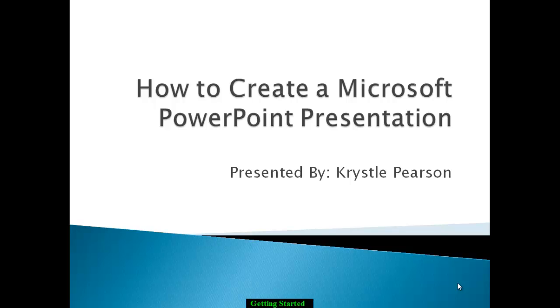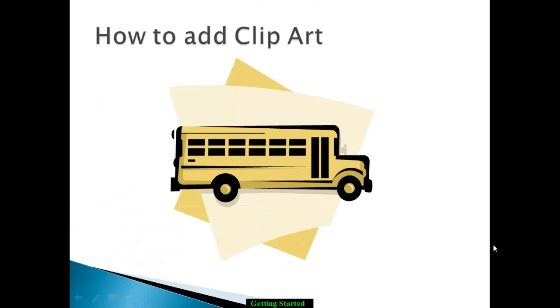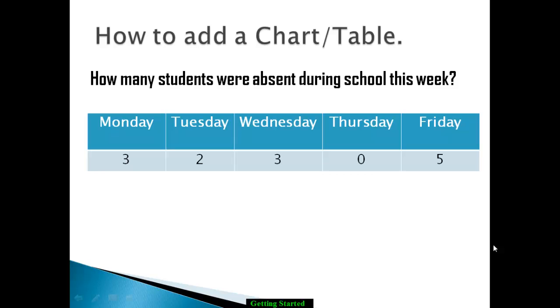So it will say how to create a Microsoft PowerPoint presentation presented by Crystal Pearson. In order to advance to the next slide, you have to click because that's the setting that we have it set on. How to add text. This is the section that you would use if you wanted to add text to your presentation. How to add clip art. How to add a chart. How many students were absent during school this week?